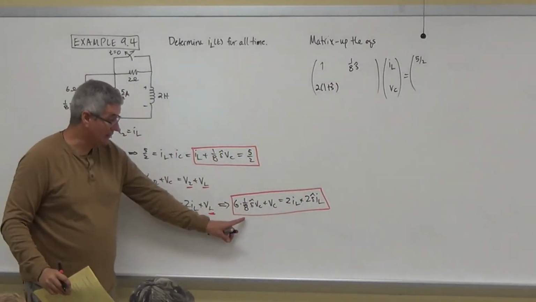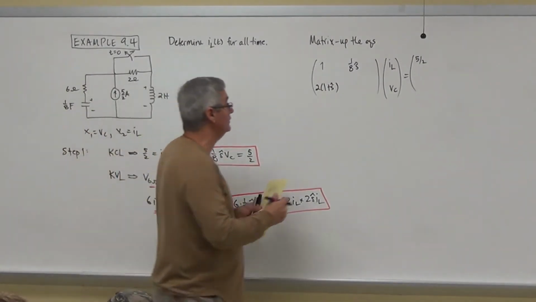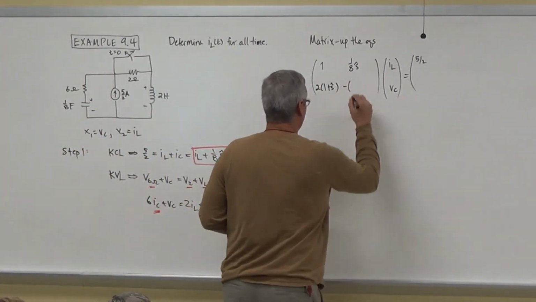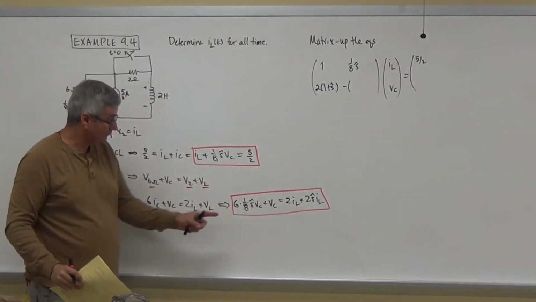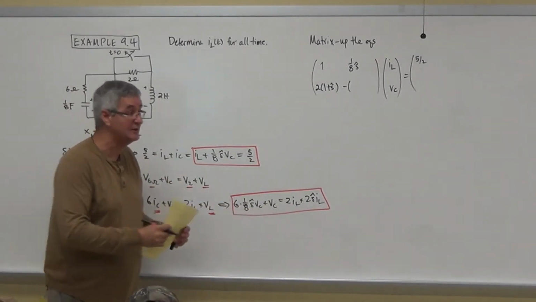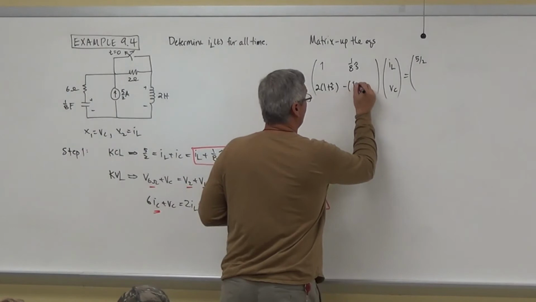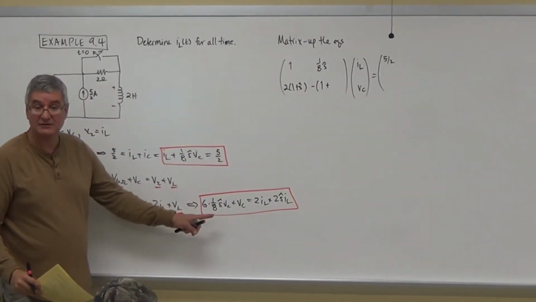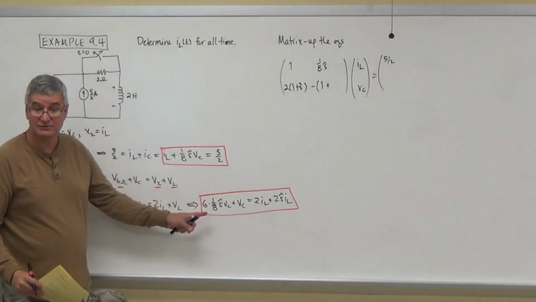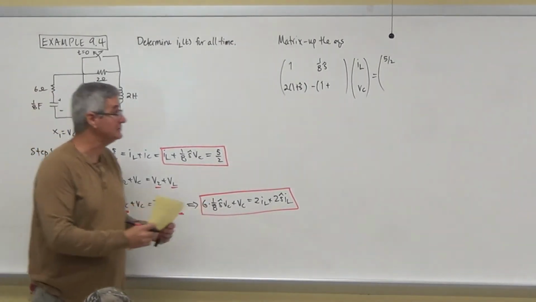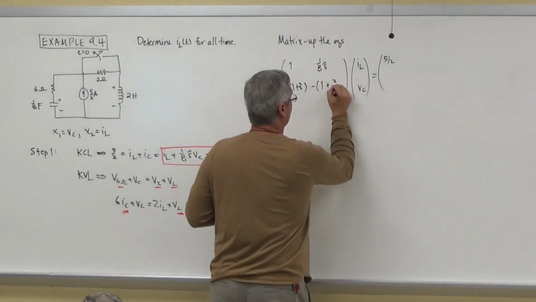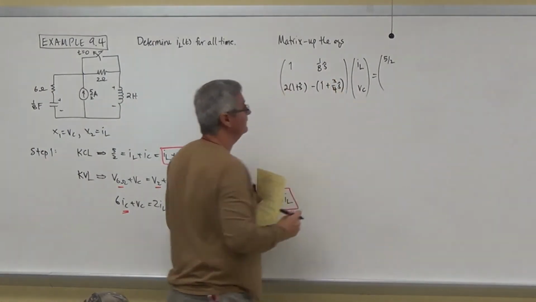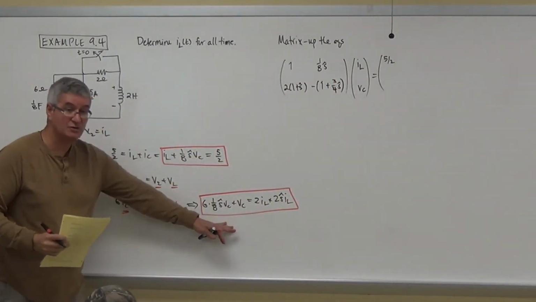My negative sign means that I bring this over, so I'm going to get minus the quantity 1 for VC plus, I get 6 over 8, that should be 3/4, so I get 3/4 s hat. What's my source value here?